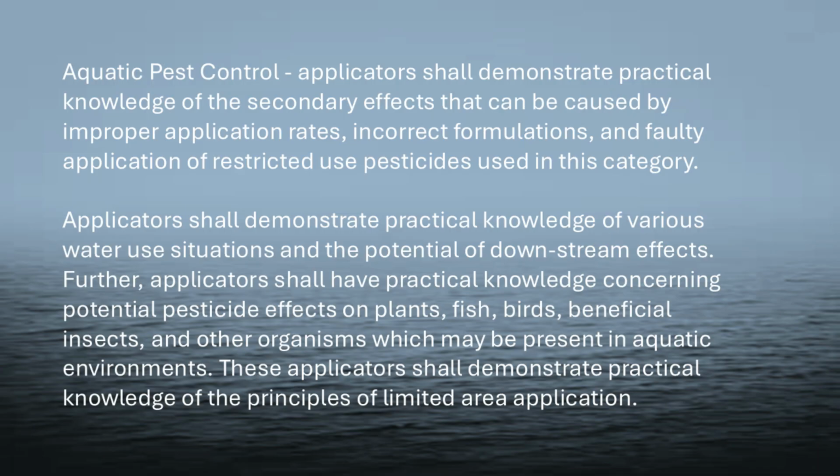Further, applicators shall have practical knowledge concerning potential pesticide effects on plants, fish, birds, beneficial insects, and other organisms which may be present in aquatic environments. These applicators shall demonstrate practical knowledge of the principles of limited area application.